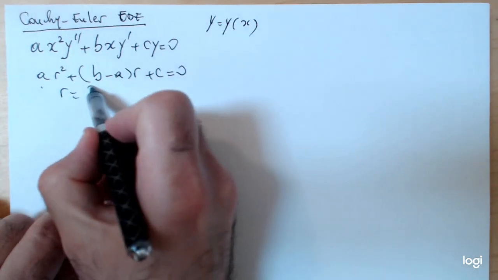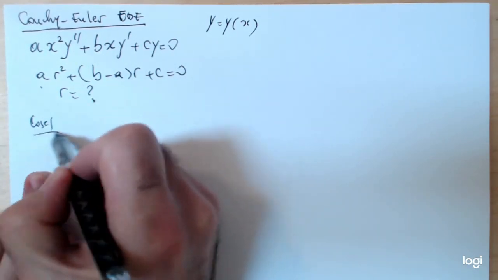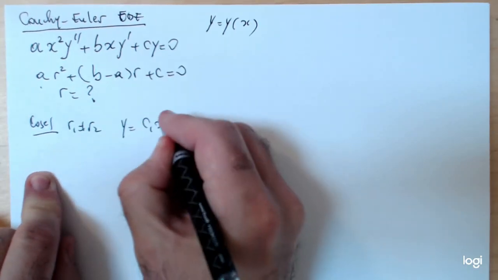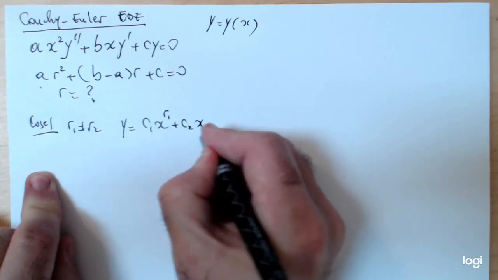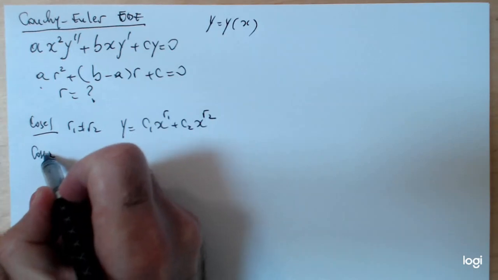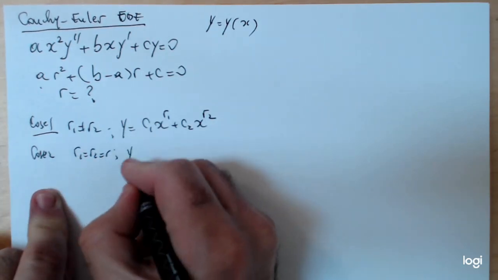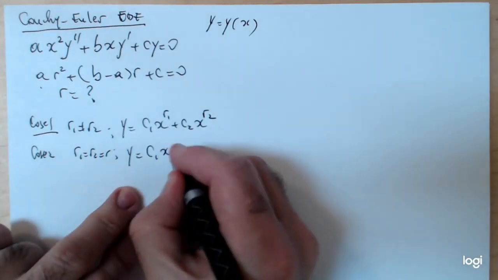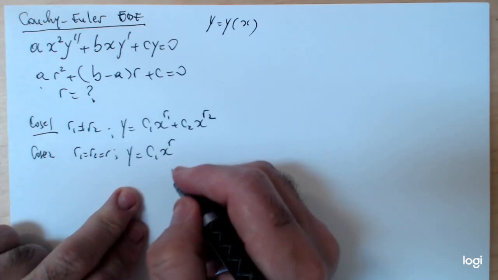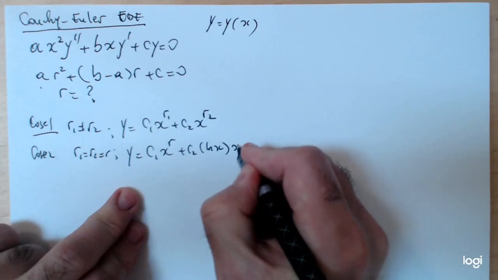You're going to solve for r, and then you're going to have the 3 cases I mentioned before. Distinct roots: the solution is C1 x to the r1, plus C2 x to the r2. Case number 2, double real root: the solution is C1 x to the r plus C2 natural log of x, x to the r.